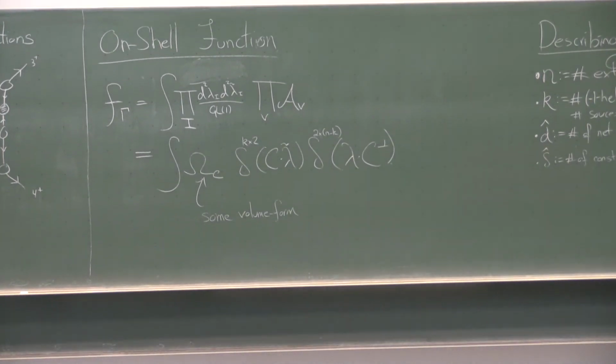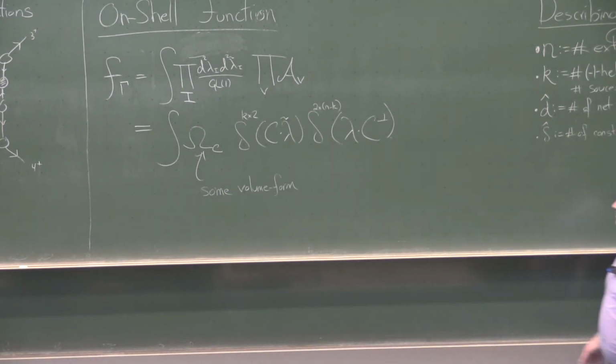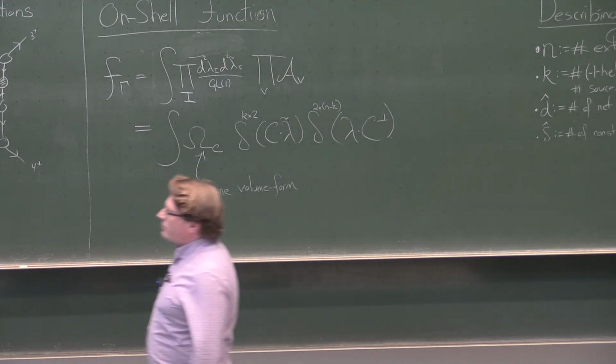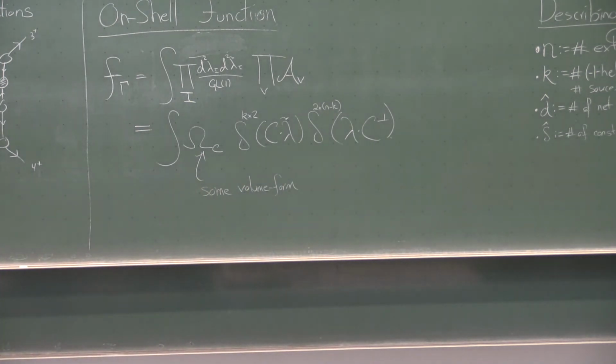It depends both on how it's decorated, how the arrows are distributed. If you have a theory with more than one kind of particle, so not just a gluon and an anti-gluon, not just 2 helicities of one state, but if you had to talk about the standard model, then these on-shell diagrams would carry a lot more information. You'd have to tell me what particles are propagating on each of these internal edges.